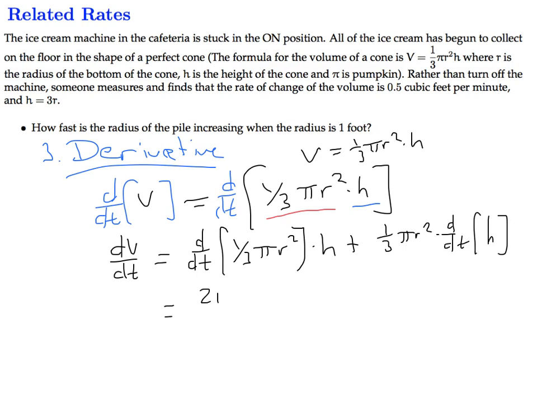So we're going to have 2 pi over 3 r times, watch for this now, dr over dt, this of course is because of the chain rule, times h, plus 1/3 pi r squared times dh dt. Some people are sometimes tempted here to just write 1. Remember, this is just the derivative of h with respect to t.